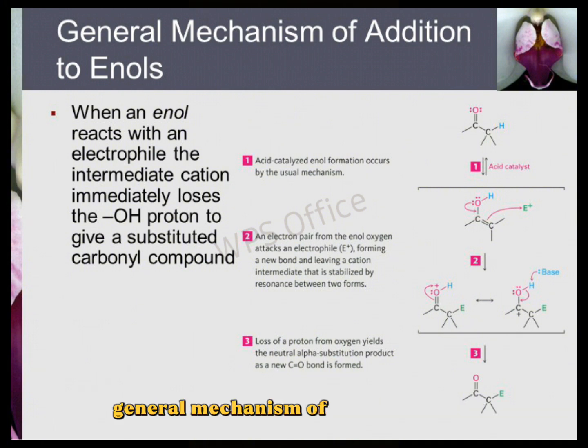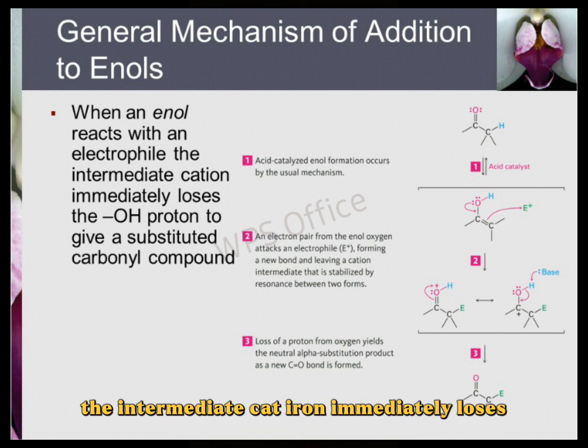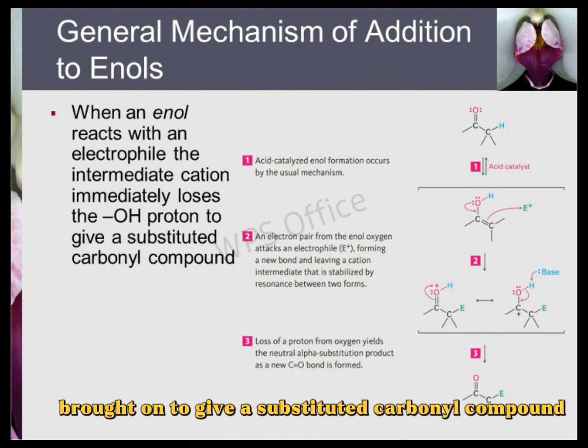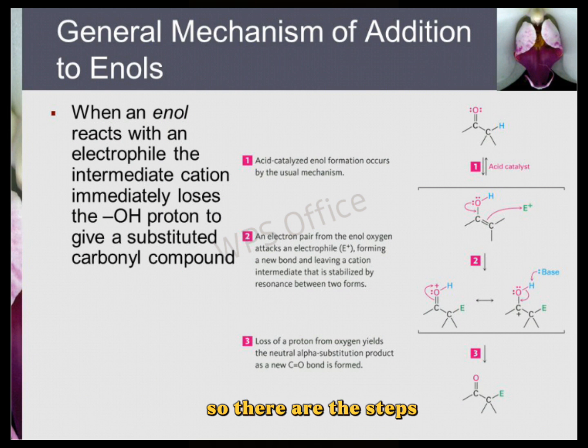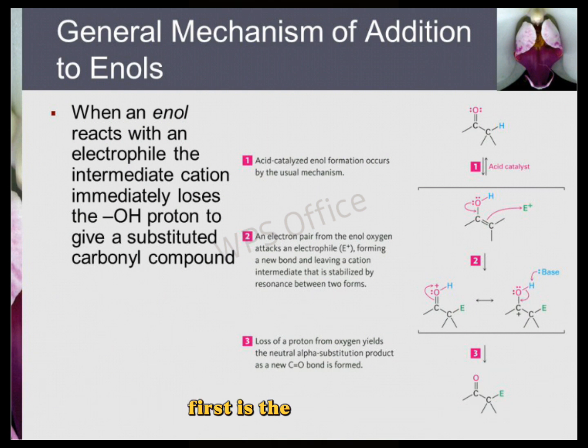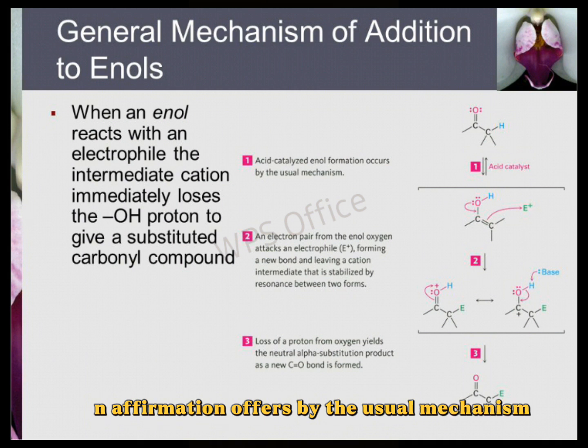General mechanism of addition of enols. When an enol reacts with an electrophile, the intermediate cation immediately loses the hydroxyl proton to give a substituted carbonyl compound. So there are steps in the general mechanism of addition to enols. First, acid-catalyzed enol formation occurs by the usual mechanism.